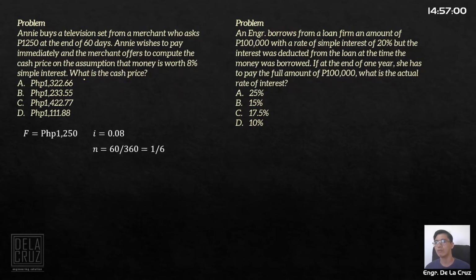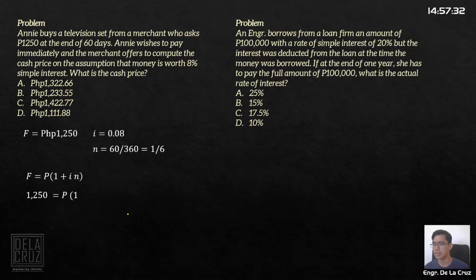So, we want to solve the cash price. What is the cash price? That's the present value or the principal amount at the present time. Okay? Kung babayaran niya in 60 days, of course, mas mahal yan. Kung babayaran niya in cash, then mas less yung babayaran natin. Supply natin yung values. You have 1,250. Yung P is the cash price.